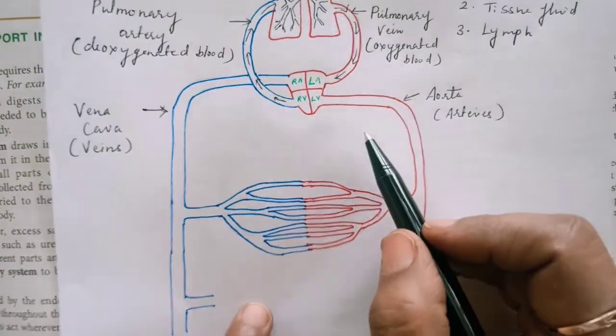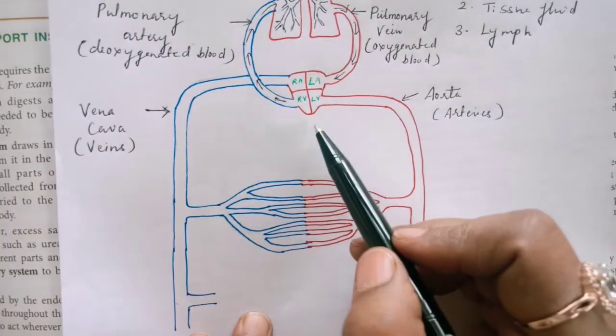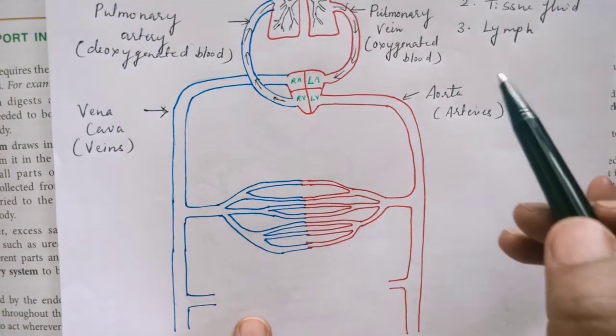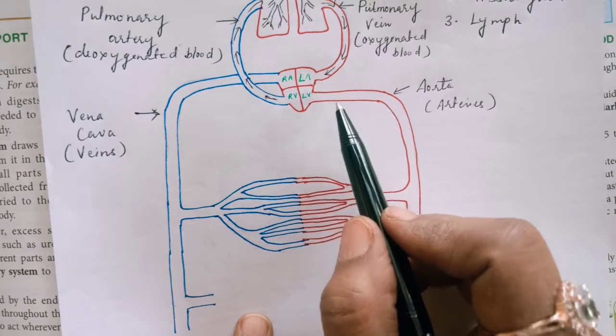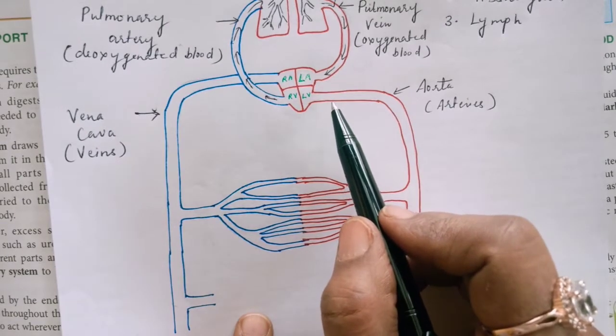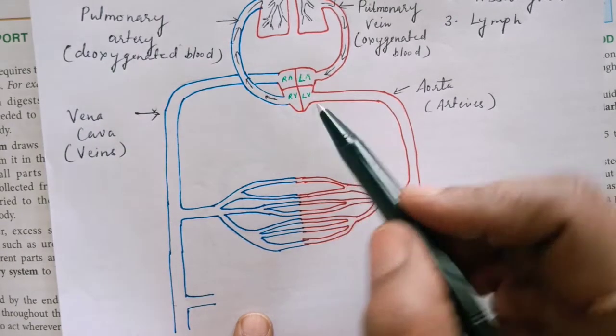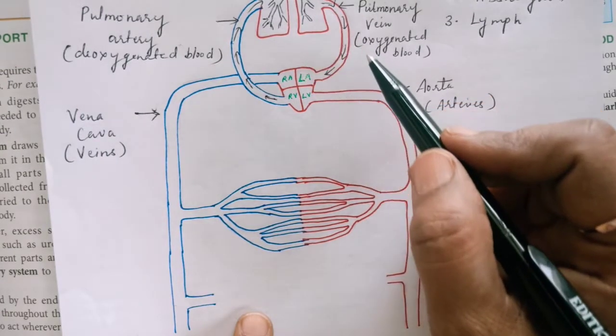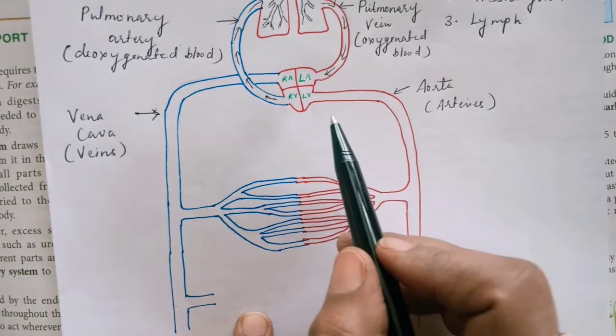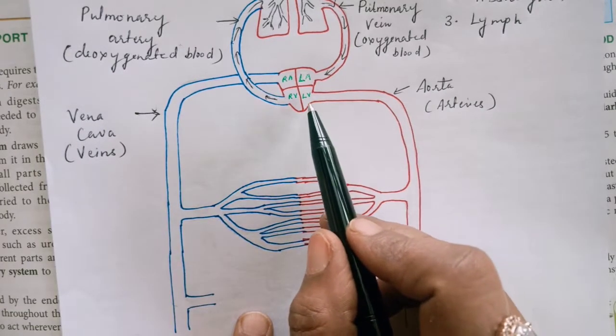Now we see in this figure the four chambers of the heart are also clearly visible, and we can see that from the left ventricle of the heart a large blood vessel arises. When we look at other figures in the book, we find that this goes in the upward direction, then it bends down to become the dorsal aorta. But here we have simply shown it coming out of the left ventricle.